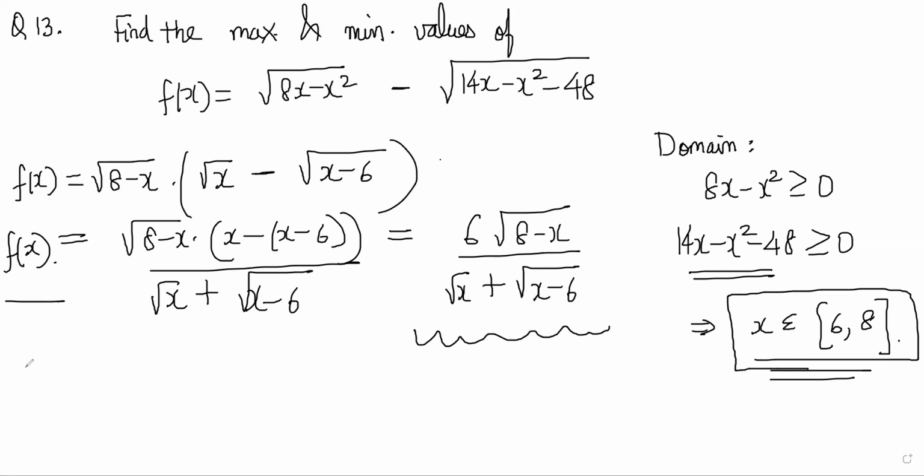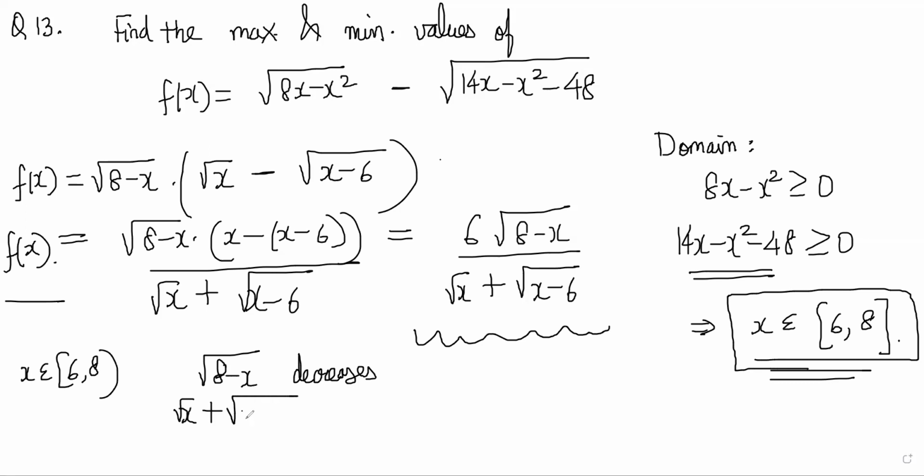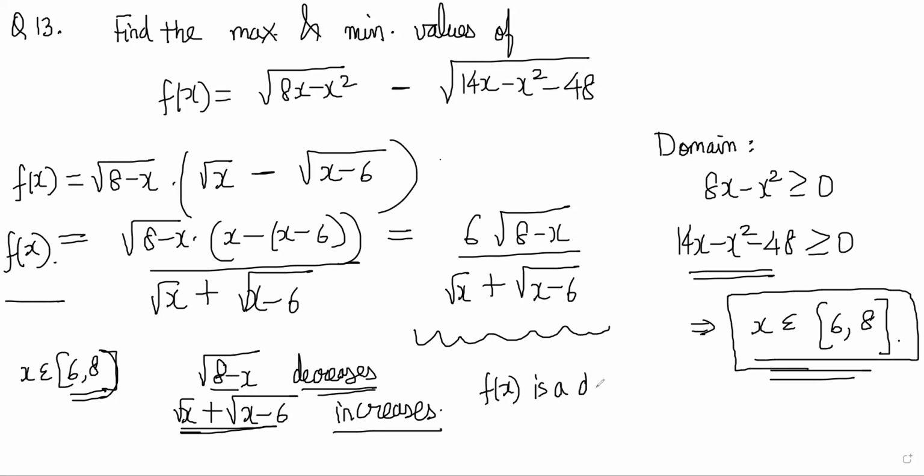In 6 to 8, we can easily see that root over 8 minus x decreases, and root over x plus root over x minus 6 increases. As you put the values of x from 6 to 8, the value of the denominator always increases and the value of the numerator always decreases. So overall, f of x is a decreasing function.